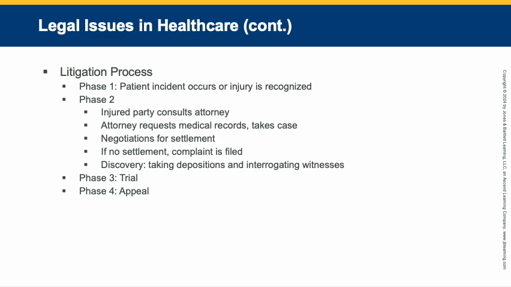The attorney requests, obtains, and reviews copies of the medical records and decides whether to take the case. If the attorney thinks that malpractice has occurred and takes the case, an attempt to negotiate a settlement is then made. If it's not resolved by negotiation, a complaint is filed by the patient's attorney.